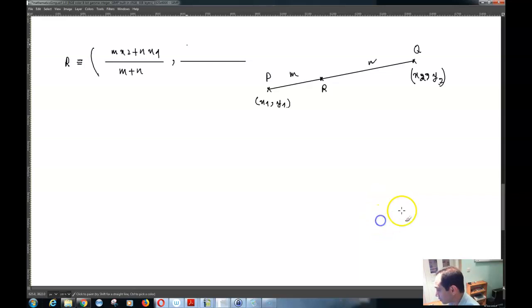And then I want to draw a perpendicular to this line over here, and a perpendicular to this line over here, and I call this point N and this point M, and that's all that we need here.